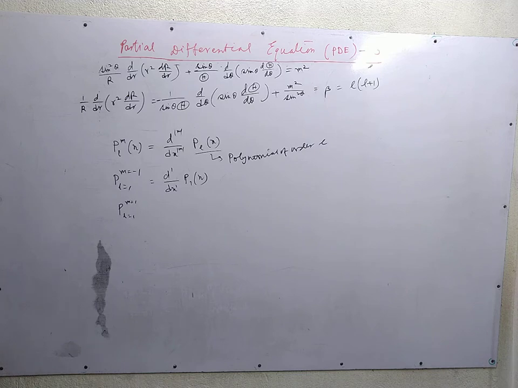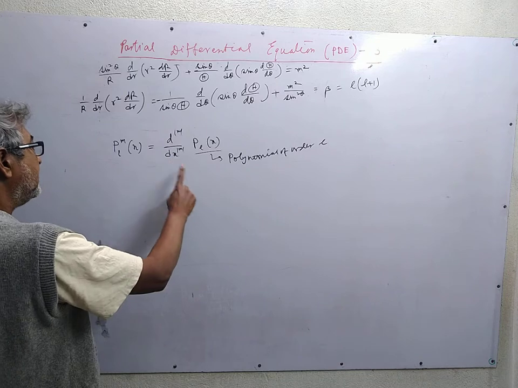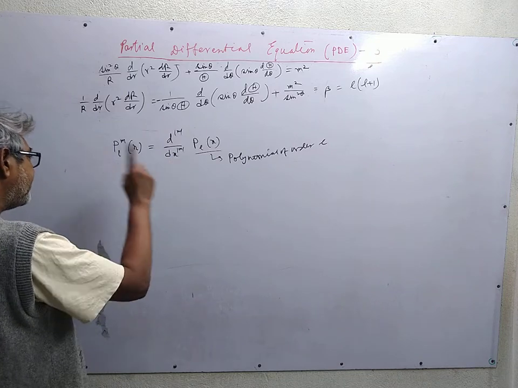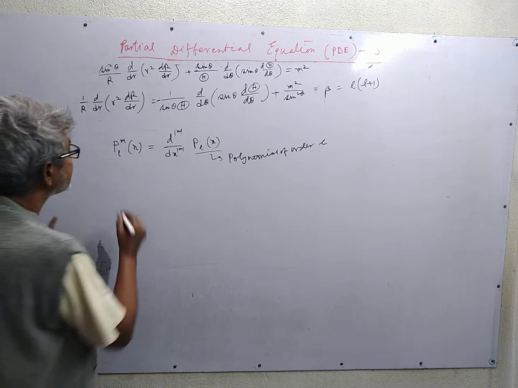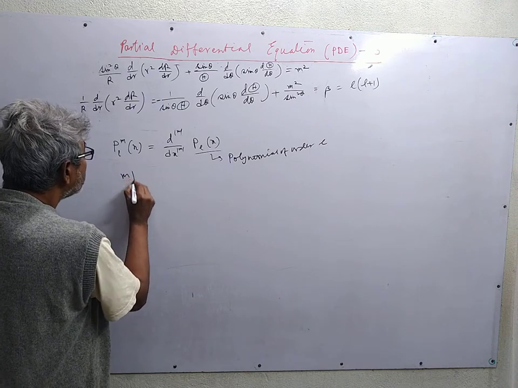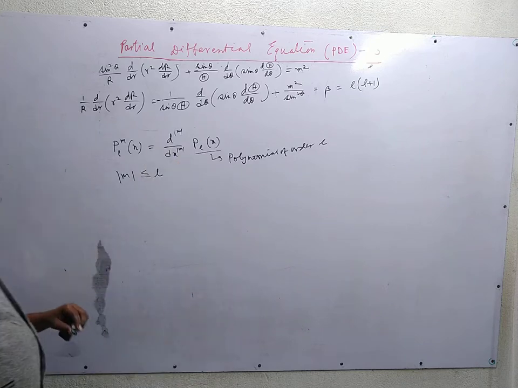So the maximum number of times that we can differentiate PL and still get a non-trivial solution is L times, which sets a restriction on the values of this. This must be less than or equal to L.